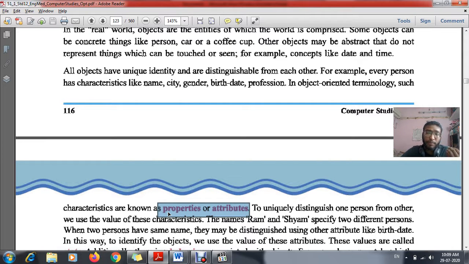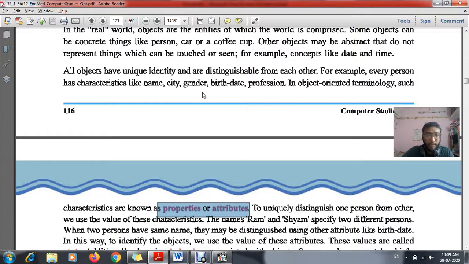Each person will be having their own unique name. Then city: it's not necessary that everyone will be from Surat, maybe from another city.